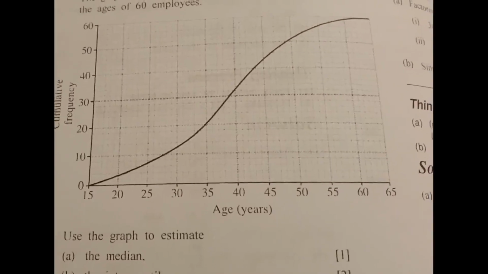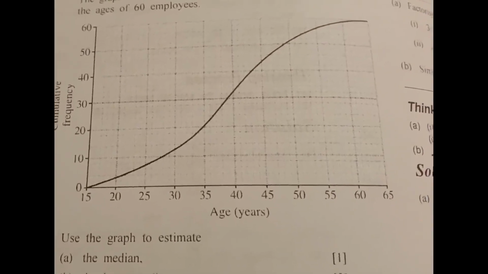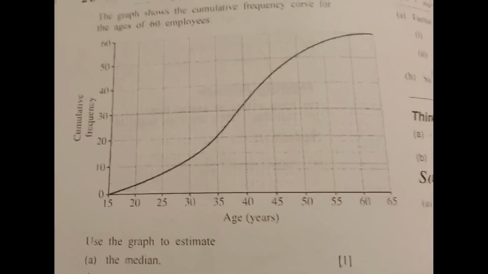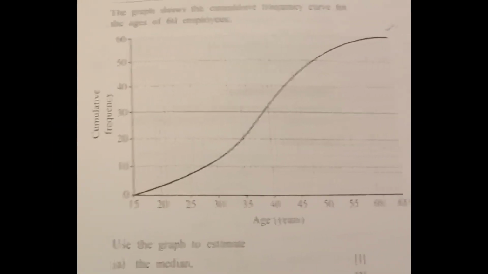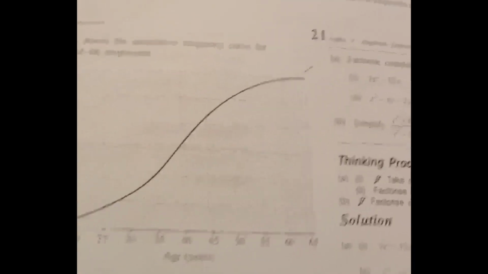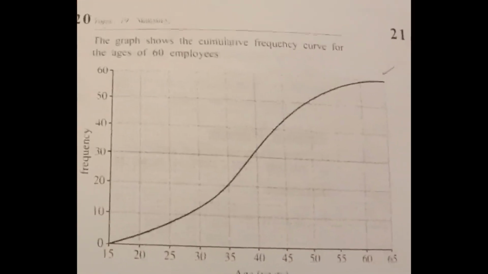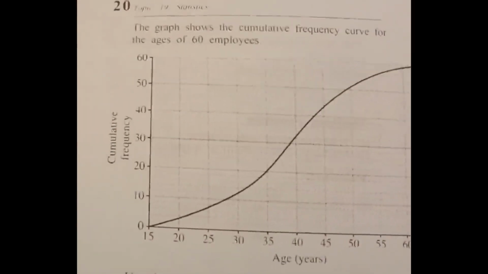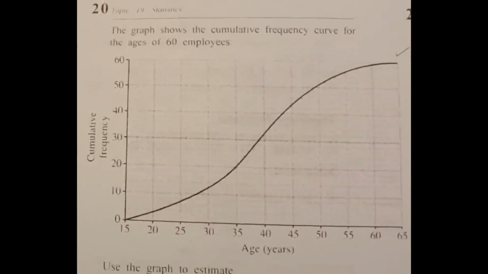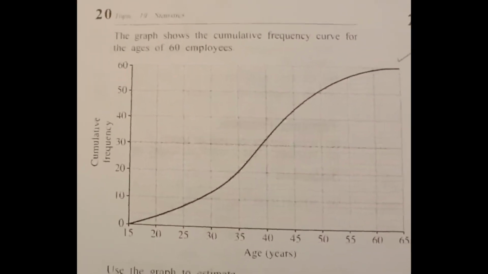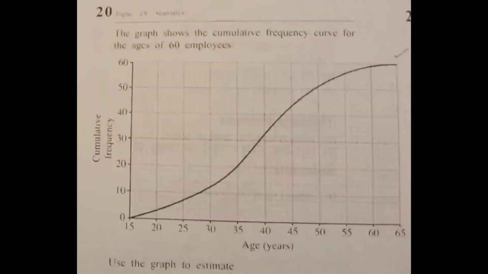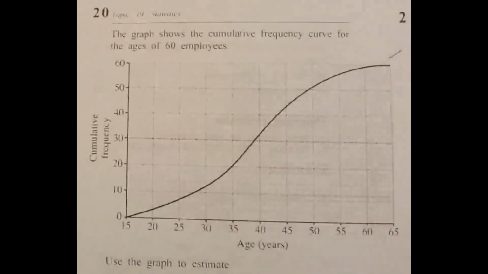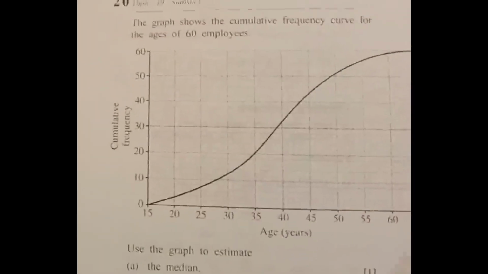Now, first part is median. How to find median from the cumulative frequency curve? The process is, we take the half of the total frequency. Total frequency is 60. Half of 60 is 30.